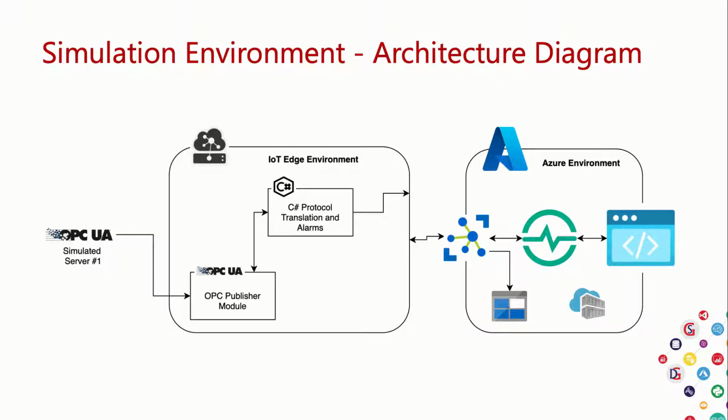The IoT Hub will control this, will ingest the telemetry messages, and will control the device twin, so we can save properties and send commands to it.